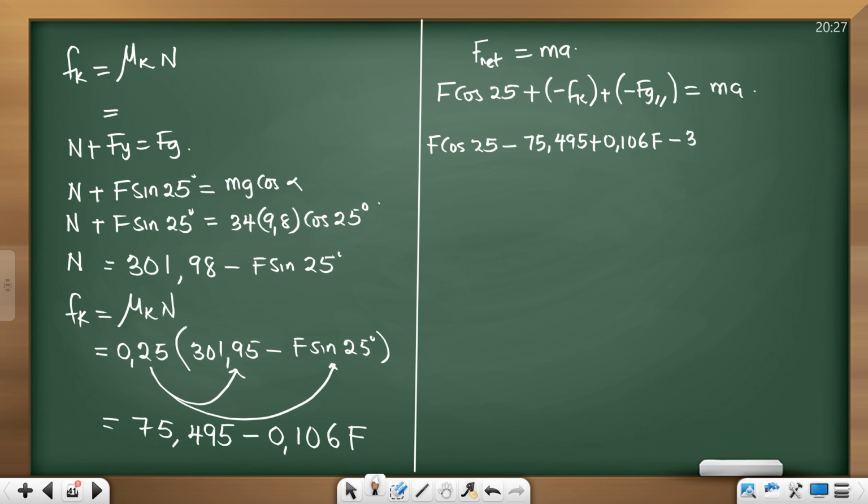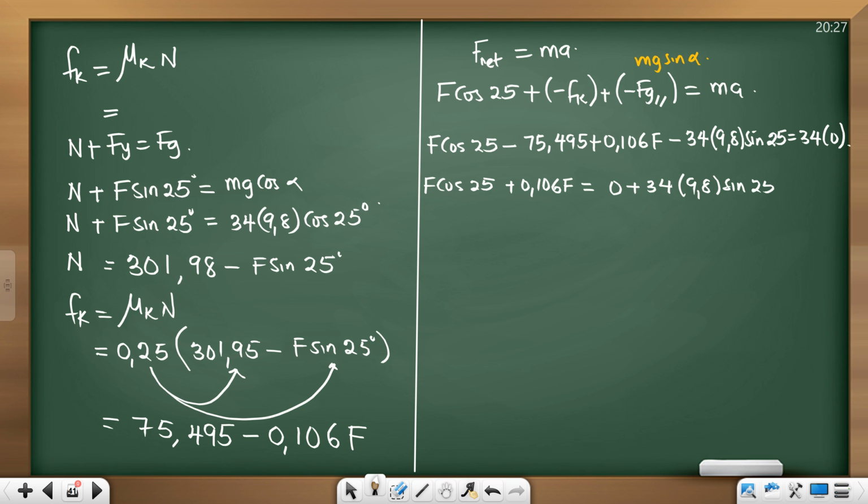What is m? 34. What is g? 9.8. Sine what? mg sine 25. And this should be equal to 34 times 0. I think we have our answer already. Let's simplify this. Like terms. 106F would be equal to 0 plus... I have moved that over.